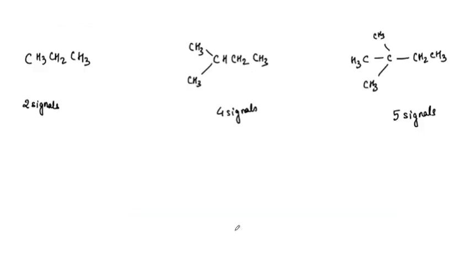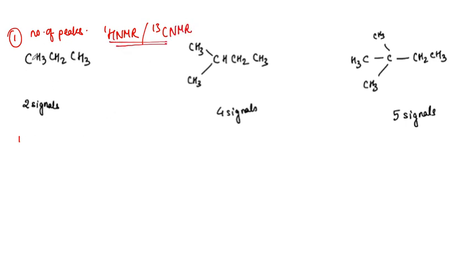So in this video we are starting with the first molecule, and this is a very simple molecule. This is propane. Let's consider that if I ask you the number of peaks of all of these molecules in proton NMR spectroscopy as well as 13C NMR spectroscopy, how are you going to find it?